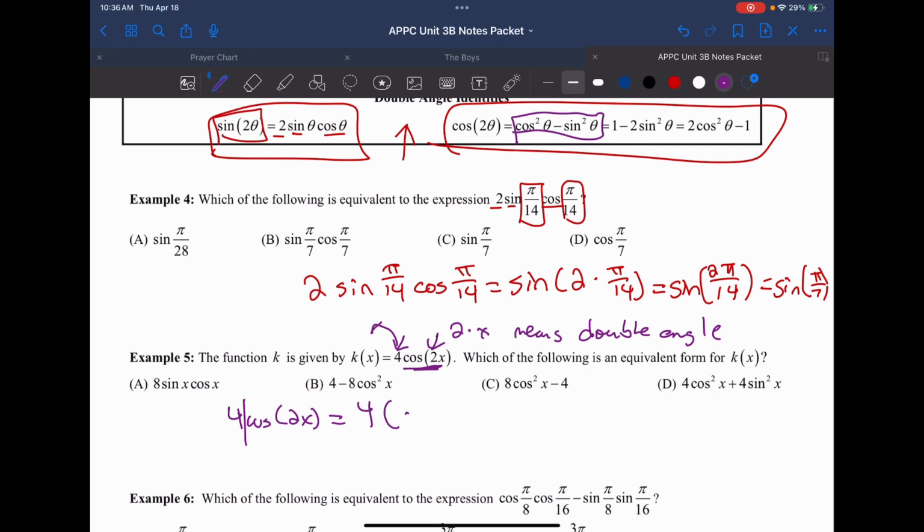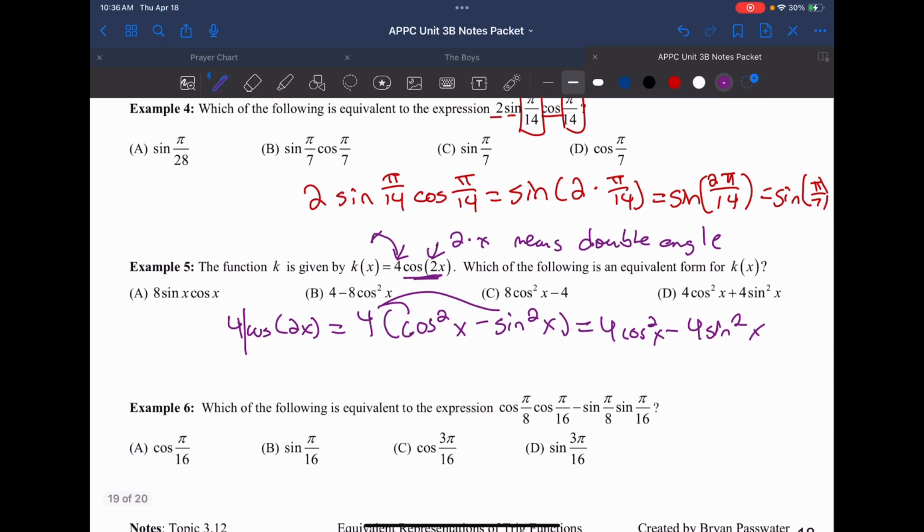So cosine squared, and then my theta here is just x minus sine squared x. Okay, is that an option? If I distribute the 4 here, doesn't look like an option to me. Answer D is close, but not quite the same.